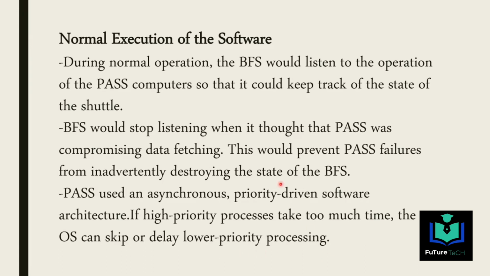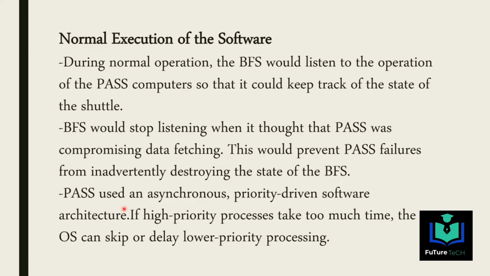So listen carefully. During normal operation, BFS would listen to the operation of the PASS computers. When PASS was fetching the data, BFS would stop listening, because fetching the data could collapse both systems and BFS could get confused.